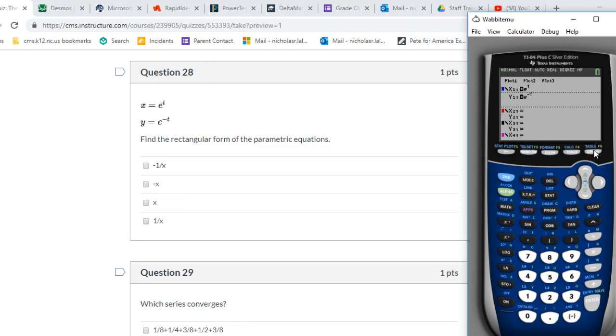Alright, and hopefully you can, oh, that's a syntax error. So let's actually just do this algebraically.